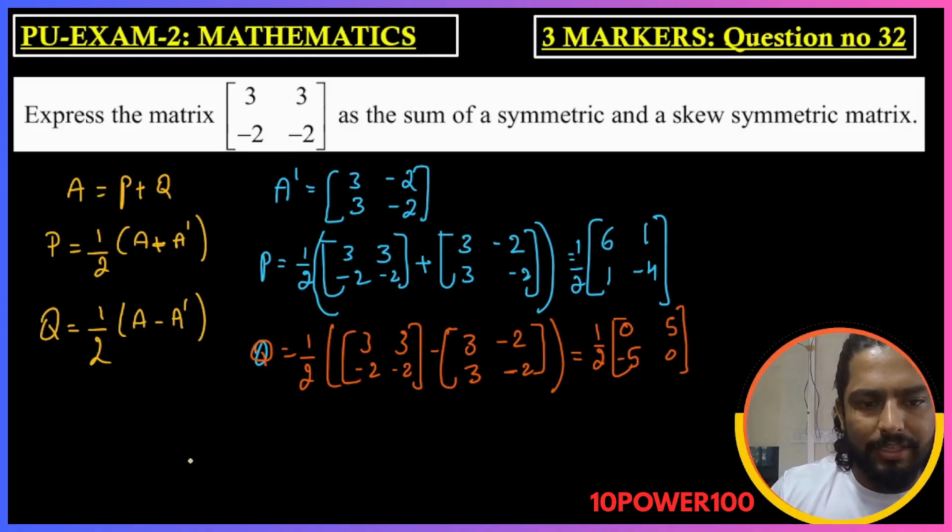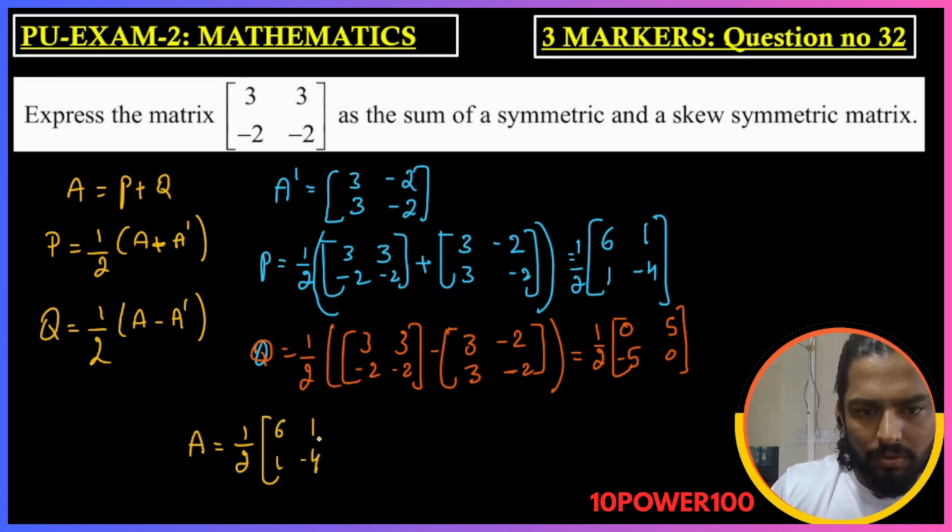So we just add these two. A is equal to P plus Q now. P is half of the matrix, plus half of Q, which is this one.